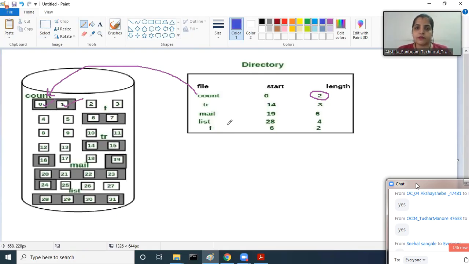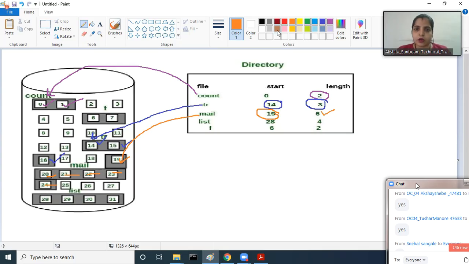Suppose I have one other file tr. The initial address is given as 14 and it says I need 3 blocks. So tr will be loaded here, and first block, second block and third block will be allocated. Suppose the next file is mail, which has starting address 19 and takes 6 memory blocks. So mail will start at 19, and 1, 2, 3, 4, 5, 6 blocks are allocated.